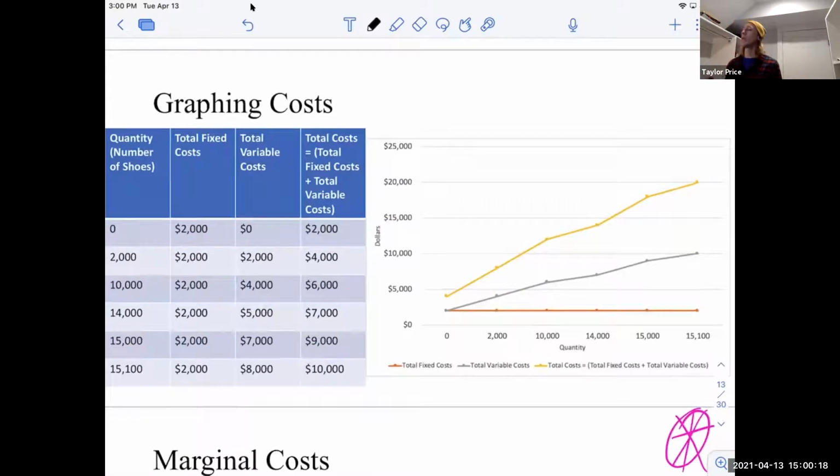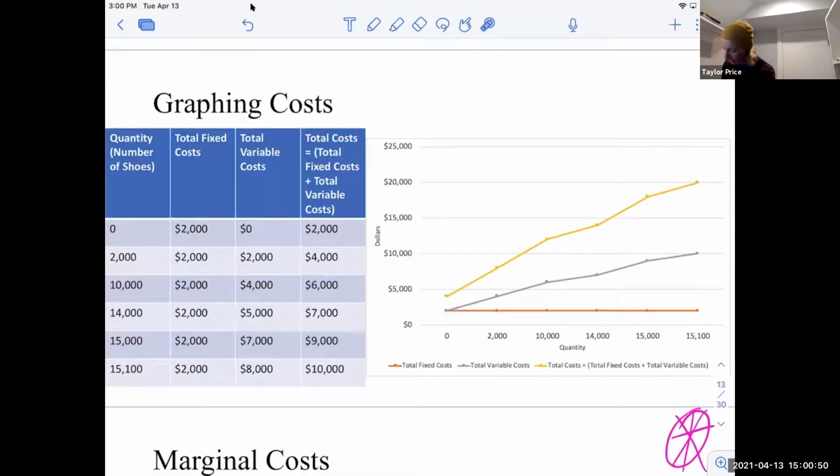Frequently you're going to see costs graphed, and the reason is to understand that as you produce more, variable costs become a larger percentage of your total costs. That makes sense when you think about it. Early on, the majority of your costs are going to be fixed costs.